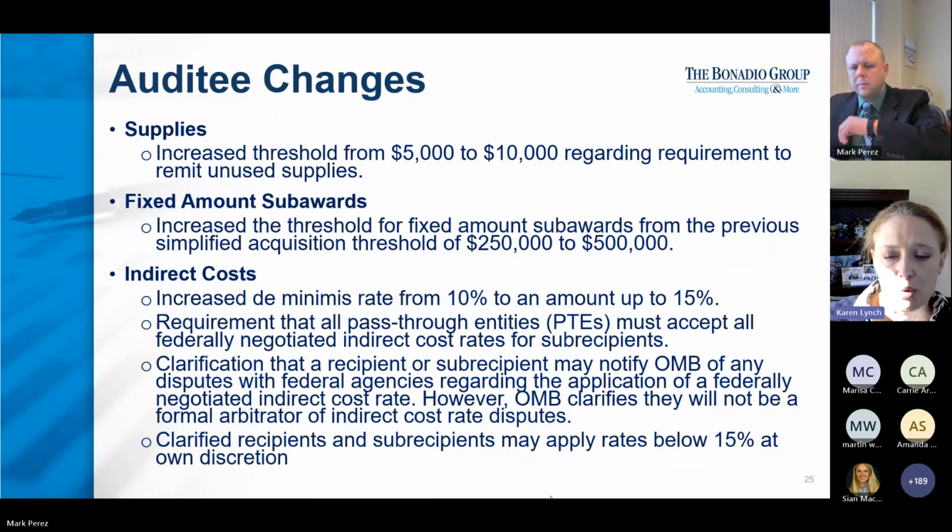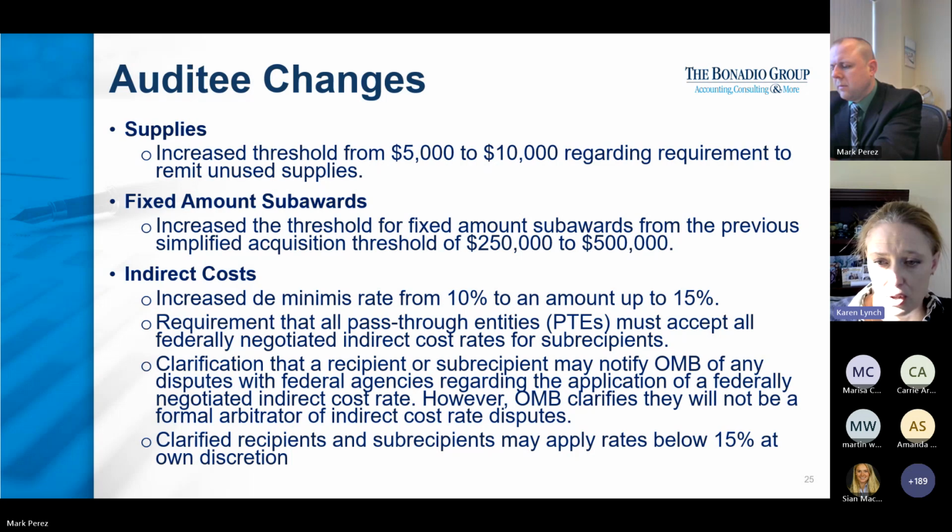So those grants were previously limited at $250,000. They've now been increased up to $500,000. So if you are an organization that does receive those, there is now an opportunity to receive more funding for those grant products that you may have received prior.